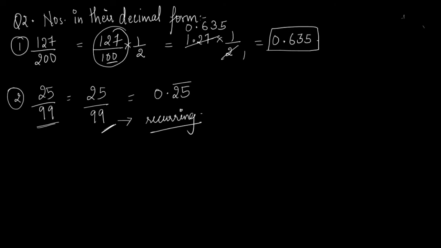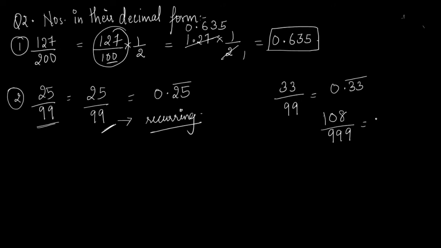With this, you don't need to do any division out there. You simply write down this. I'll give you an example. Say suppose I have 33 upon 99. So how do I write this? I write it as 0.33 bar. Say I have 108 upon 999.